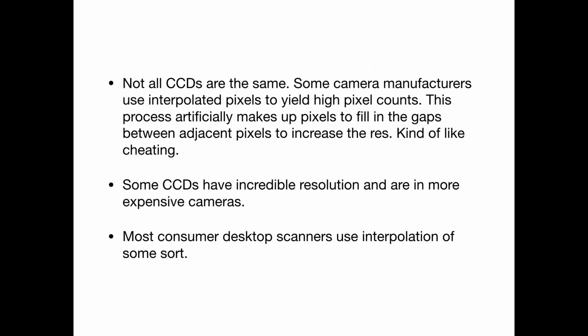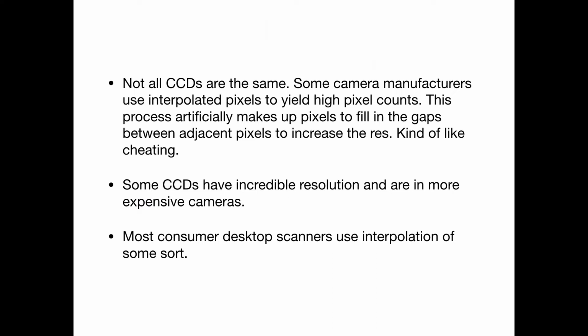The problem with that is it is not a crisp image. Sometimes it works incredibly well. Other times it works incredibly poorly. Some camera manufacturers use circuitry on board that interpolates the images, so what you're getting out of the camera is not the actual resolution of that chip. It's been jacked up artificially to increase the resolution.